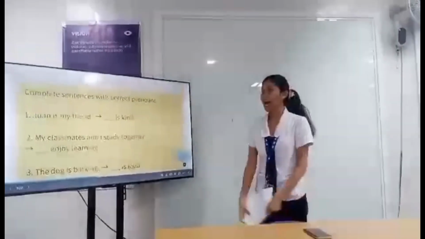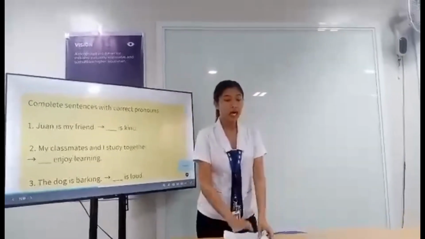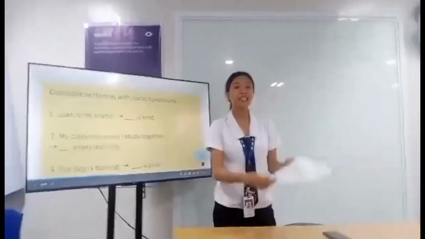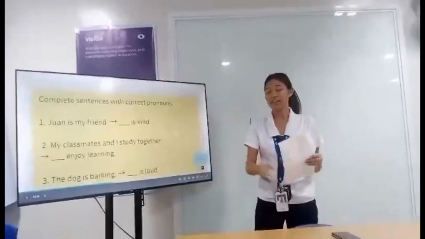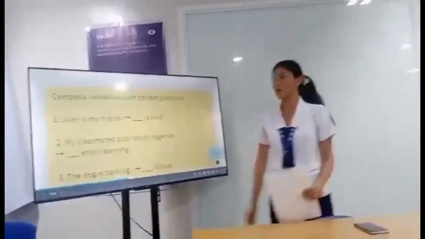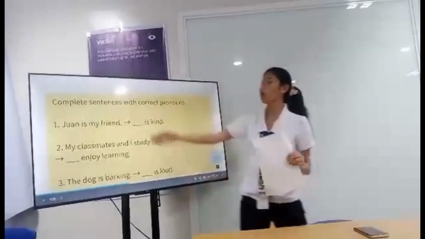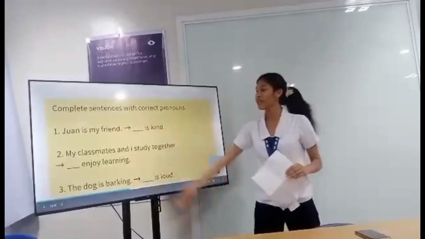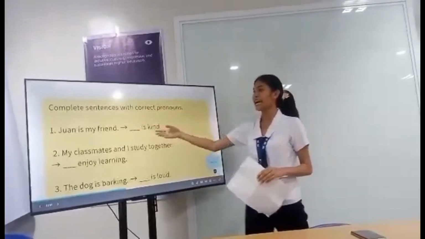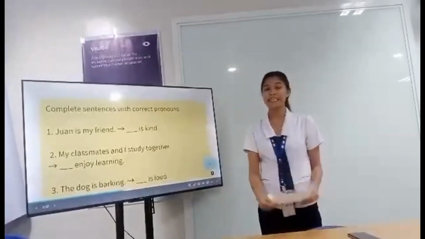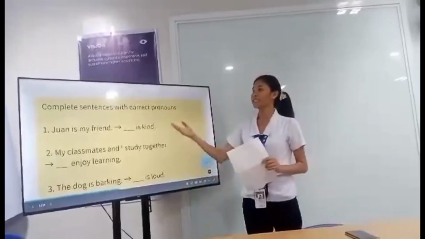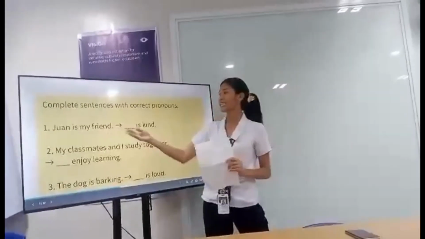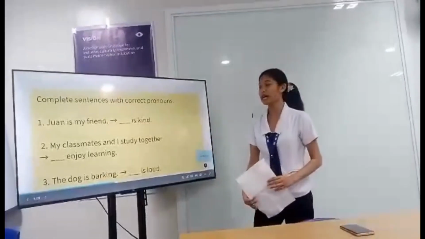Okay, so now I have here a provided worksheet. Inside your worksheet, we have here the 3 questions. Number 1 question is, Juan is my friend, and we have here a blank space and is kind. Your task is to complete the given sentences with the correct pronouns.